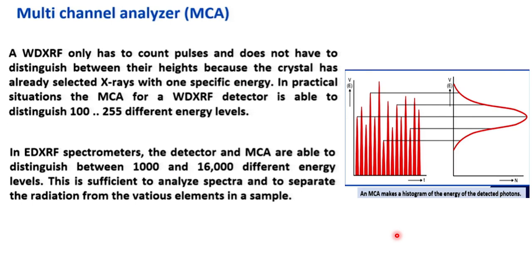And in an energy dispersive X-ray spectrometer, the detector and MCA are able to distinguish between 1000 to 16,000 different energy levels. This is sufficient to analyze the spectra to separate the radiation from the various elements.